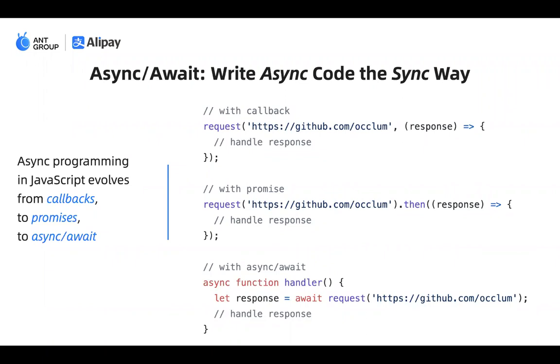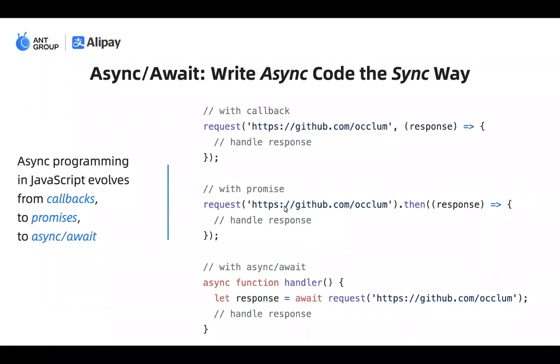As you can see, a language like JavaScript, which is very heavy with async programming, evolves from callback-based async programming to promise-based async.